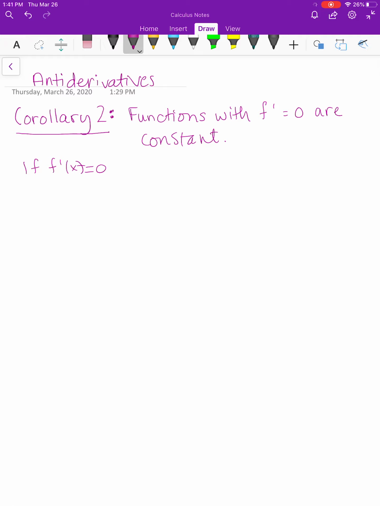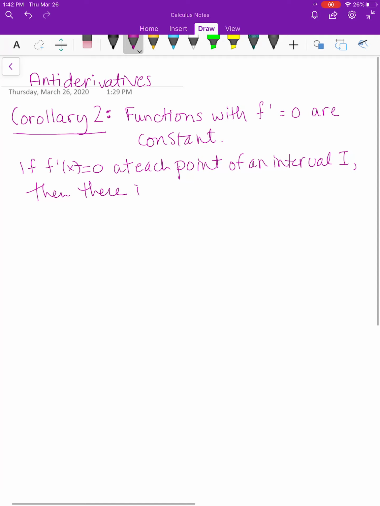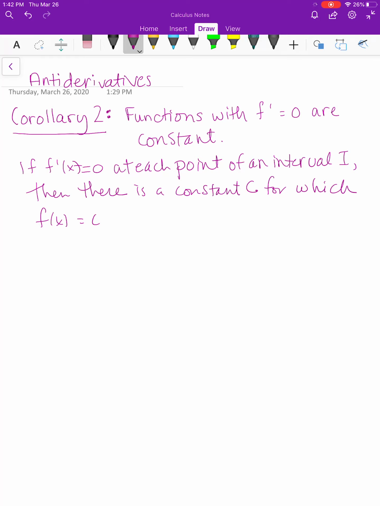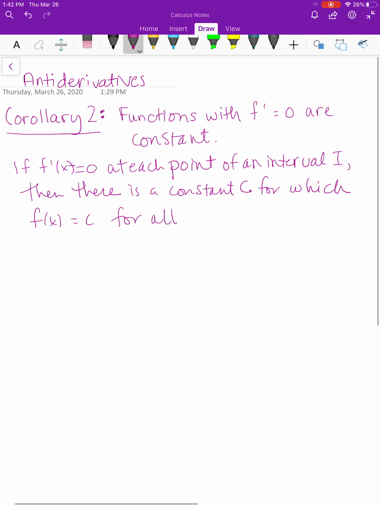So basically it says that if f prime of x equals 0 at each point of an interval, they're going to call that interval capital I, then there is a constant c for which f of x equals c for all x in I.